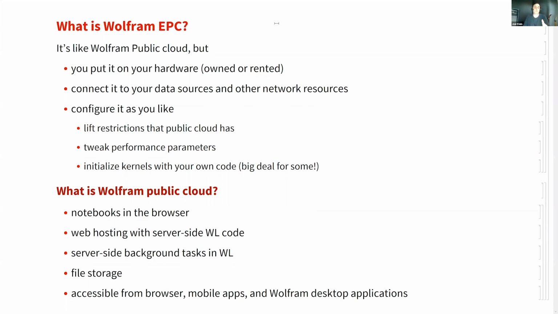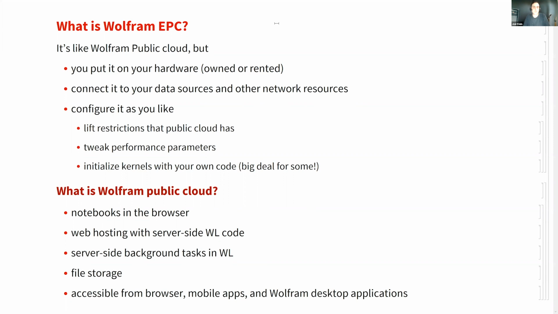And if you don't know what public cloud is, we usually talk about public and private cloud inside the company, just to keep straight what we're talking about. But this is what many people will just know as Wolfram Cloud.